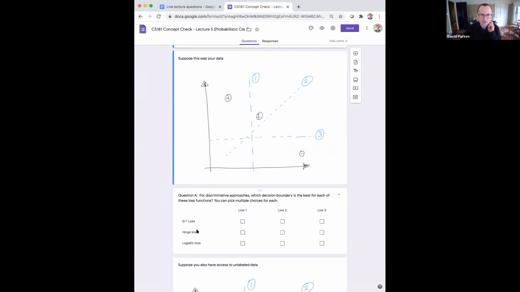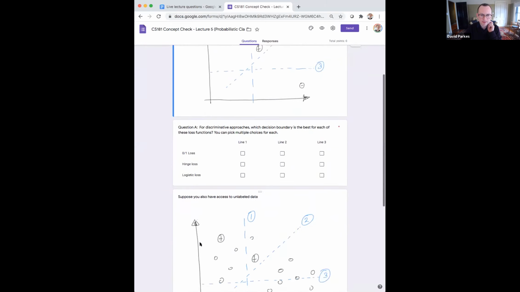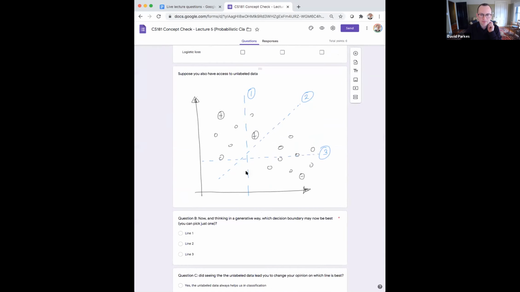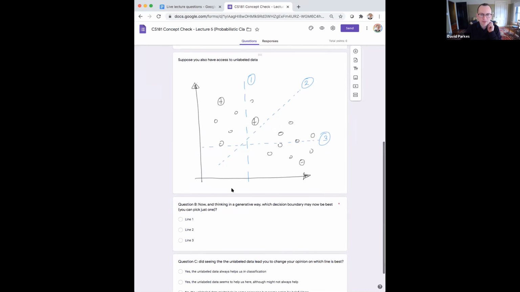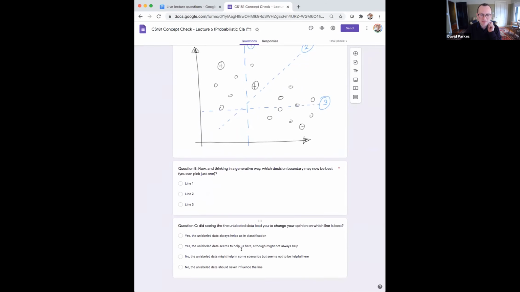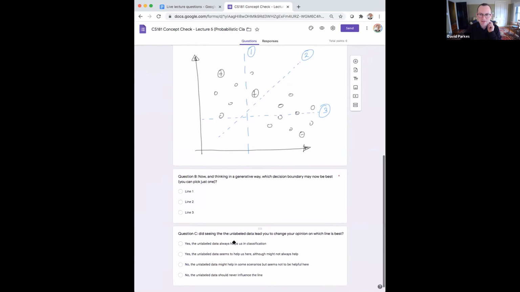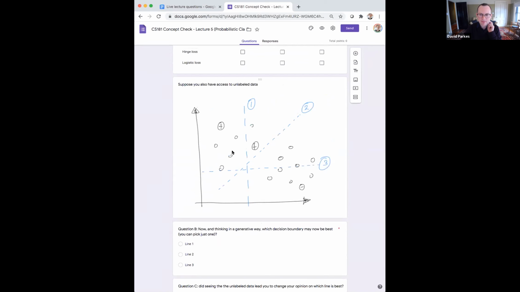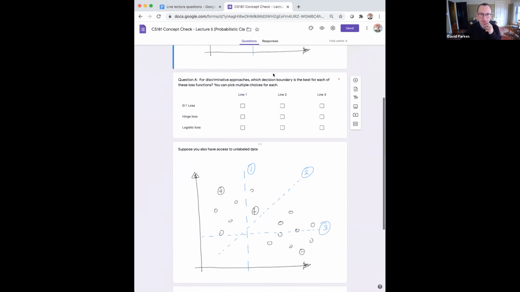And then I give you some additional unlabeled data. See, these points are not labeled. And I ask you, now thinking generatively, which decision boundary might you now prefer? I ask you to pick one of the decision boundaries. And then I ask you to think about when your decision might change if I give you unlabeled data and you're thinking in this probabilistic generative way.